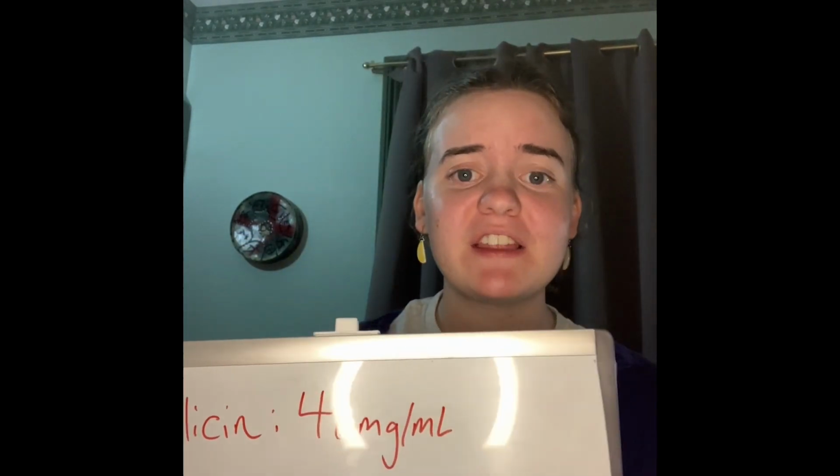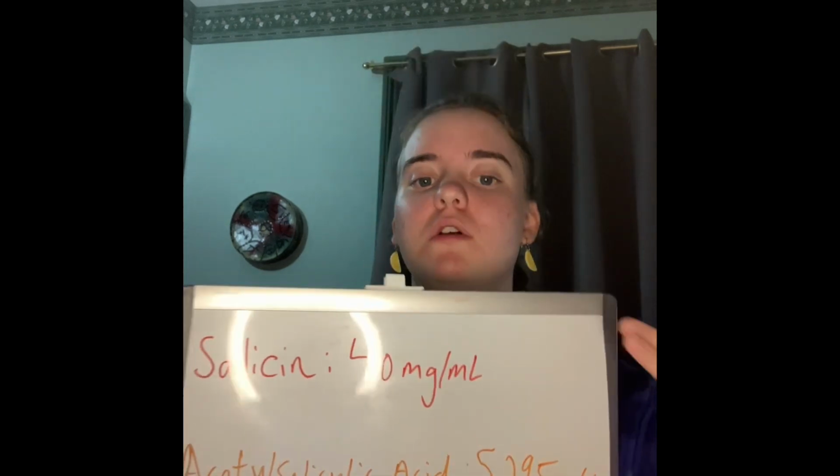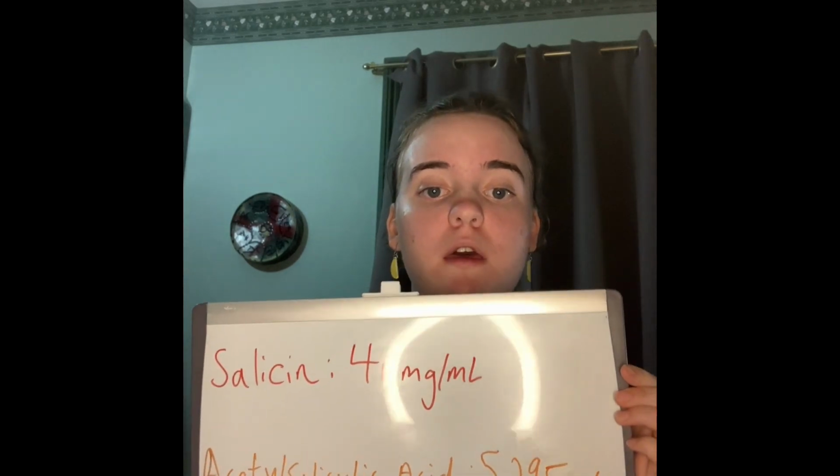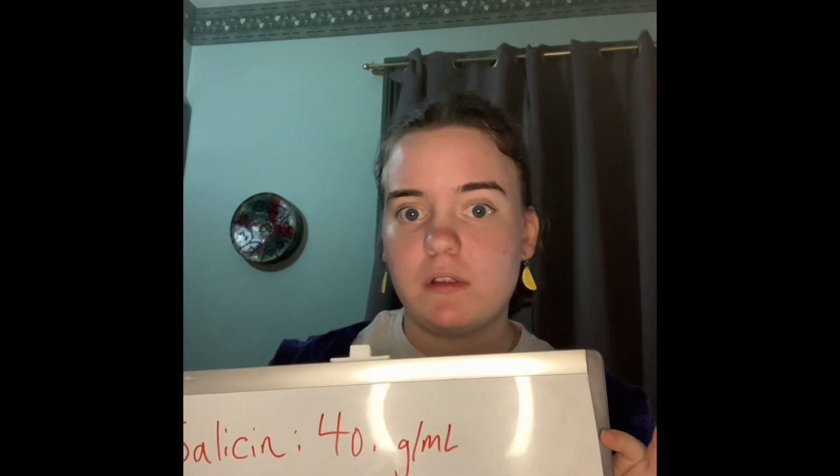Salicin dissolves at 40 milligrams per milliliter in water at 25 degrees. For acetylsalicylic acid, it's 5.295 milligrams per milliliter in water at 25 degrees. So that's a quick look at our solubility.